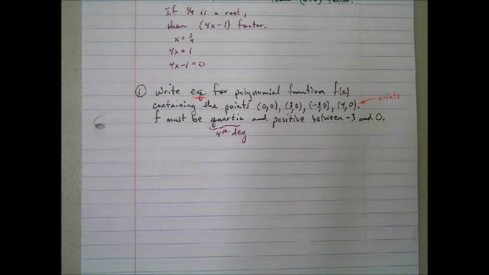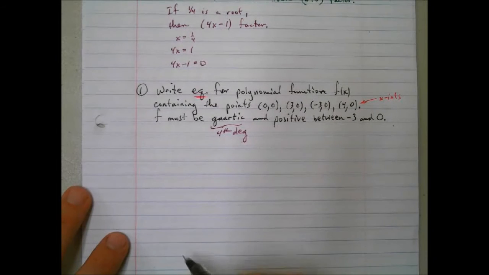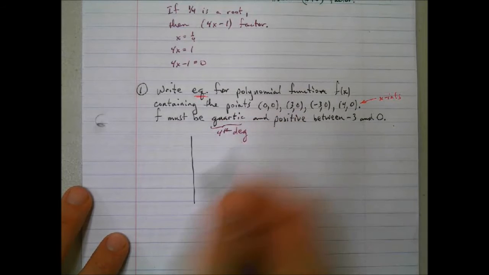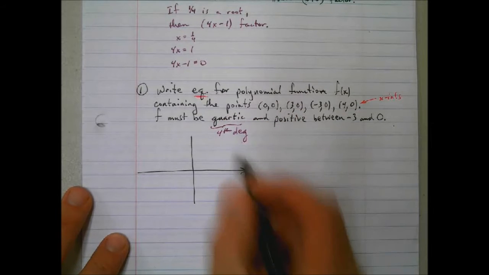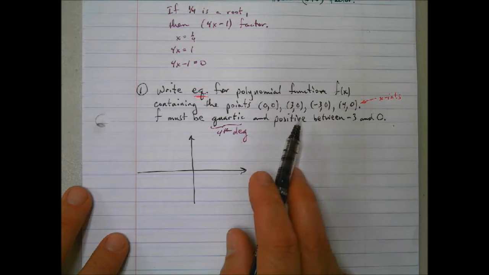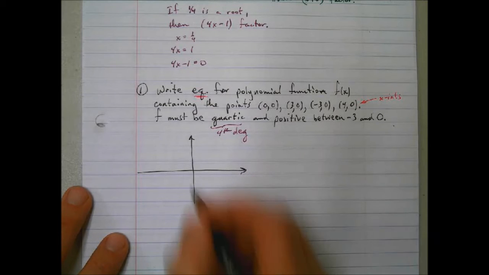Now, a sketch could be helpful for us here. I think it didn't say anything about a sketch, but sketches can be helpful at times. This was one of those where I think it is helpful, at least a little bit. So if we plot all those points, 0, 0, 3, 0, -3, 0, and 4, 0.